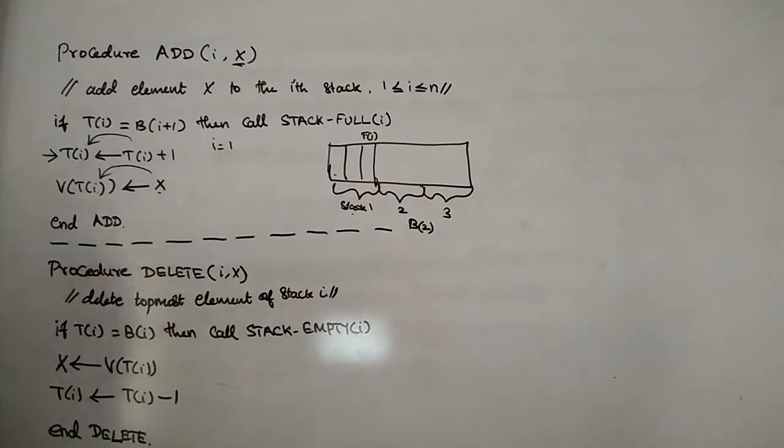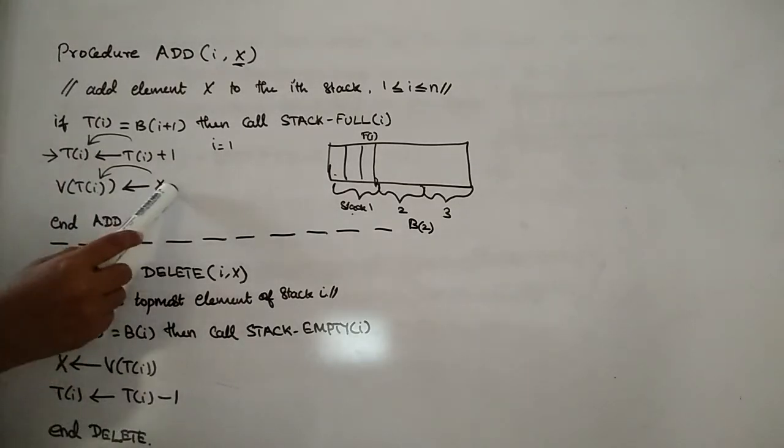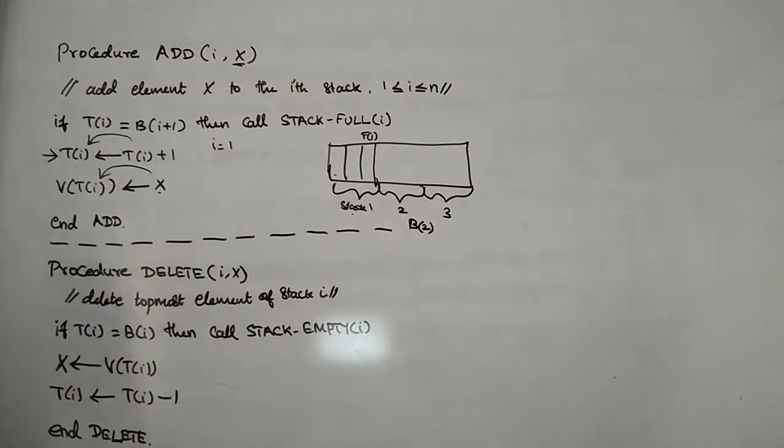Whenever you do a push operation, at first we increment the value of top, then we assign the data to that particular location. Once you do a pop operation, at first we retrieve the information from the stack, that means the topmost element gets stored in the variable X. Then we do the decrement operation, we decrement the value of the top.